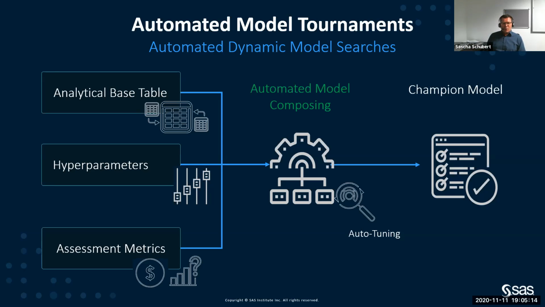Obviously, there's a lot of compute power required for this. There's a lot of optimization going on in the background to make that happen, but this is a way of really automating the model search across a large number of candidate models.